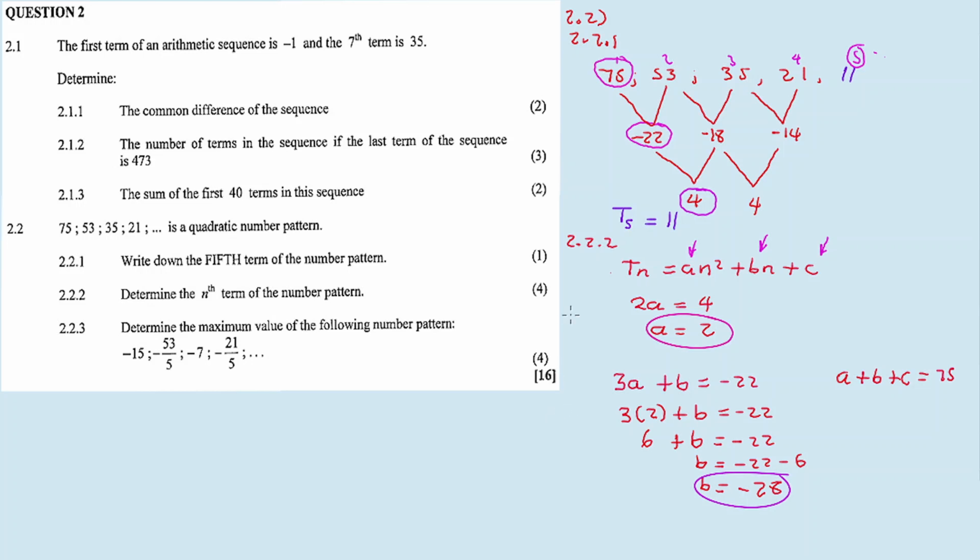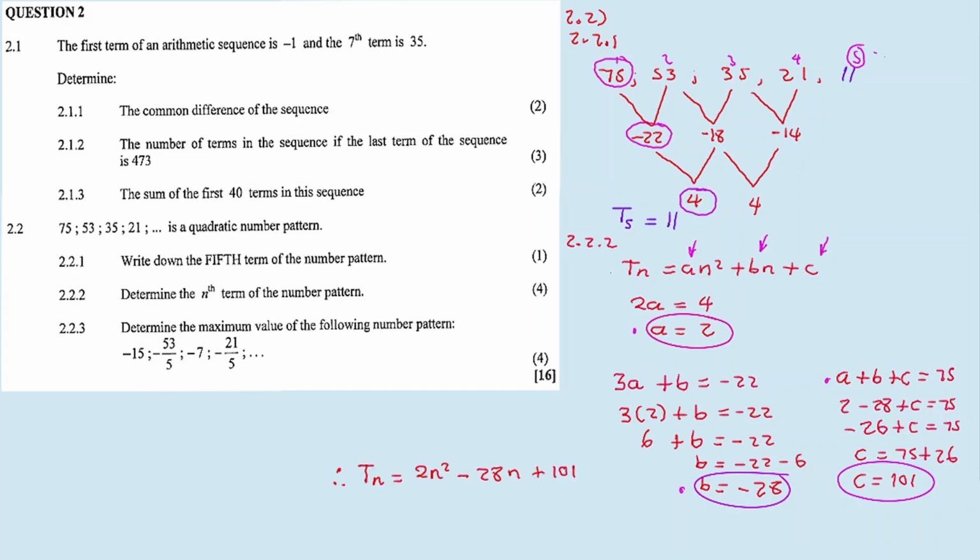Now you want the values of a, b and c, so you must first calculate a, then b, then c, alphabetically. I have a and b, so I just substitute and calculate for c. Collecting the like terms I get minus 26, then I transpose minus 26 to the right hand side as plus 26, and then c is equal to 101.